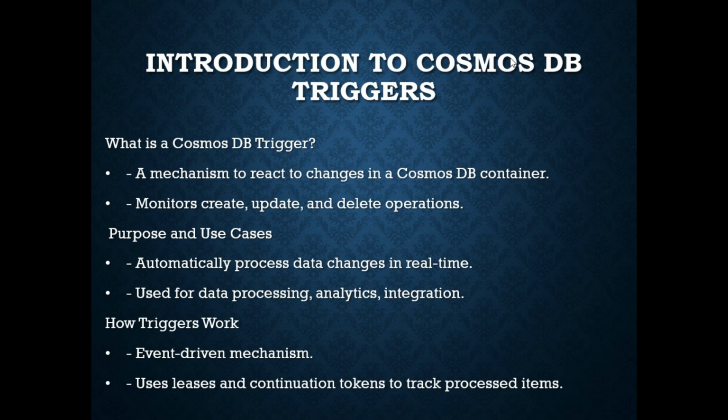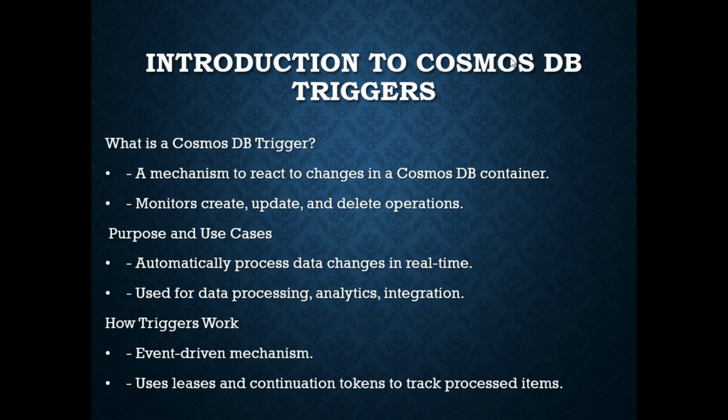So purpose and use cases. Basically, whenever you require to automatically process data changes in real time. For example, as I mentioned, if you have a Cosmos DB and whenever there is some modification, you want to update, let's say in this case, some SQL Server databases where you want to update this information, and those databases are used by some legacy system.